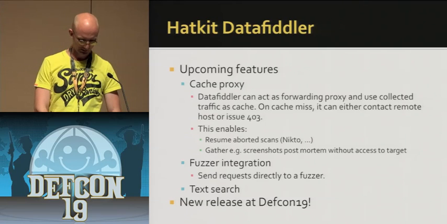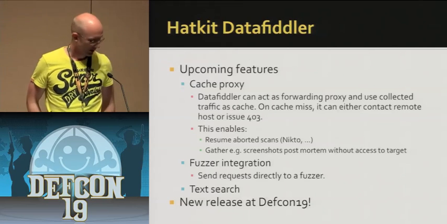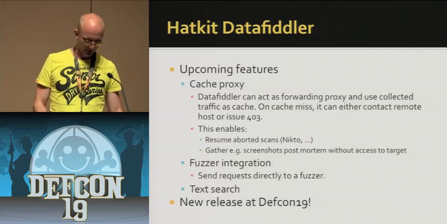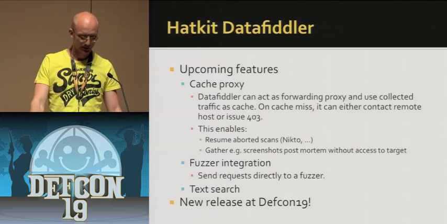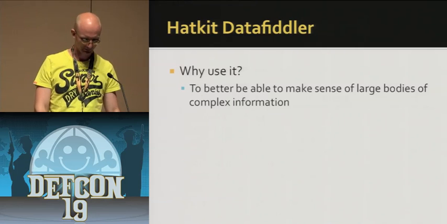Planning to add some more advanced text search capabilities, either by PyLucene or Whoosh. And as already mentioned, there was a new release earlier this week, both for the proxy and the data filter, containing all this stuff I'm talking about.